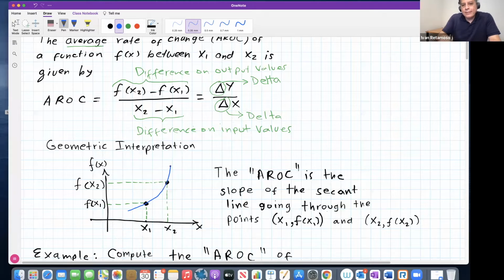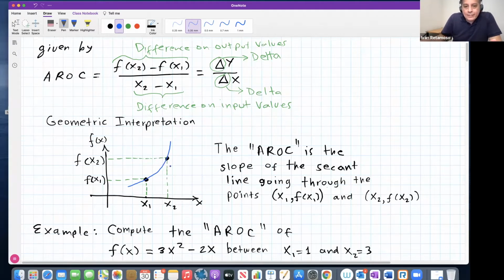It could be any curve, right? But now, the average rate of change is going to be the slope of the secant line, this secant line. The slope of that secant line will be your average rate of change.